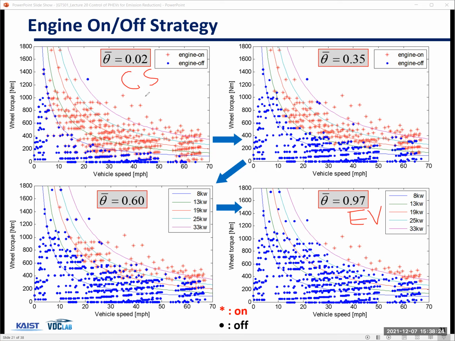So you can see this is very similar to the hybrid solution. But with increasing theta, we want to now deplete battery SOC. So what's happening here is that you can see that this engine on-off power threshold value starts to increase. Can you guys see? So this increases, okay?